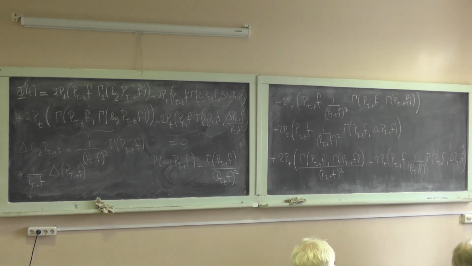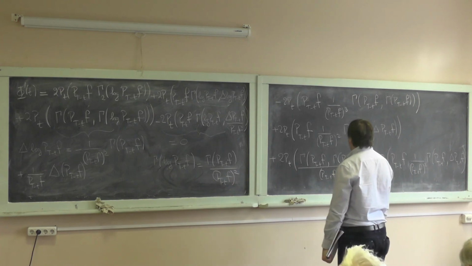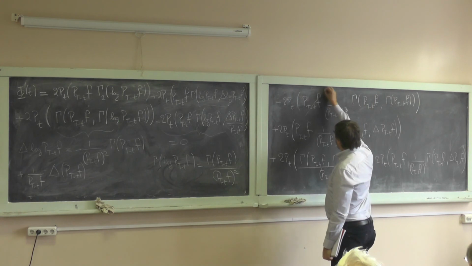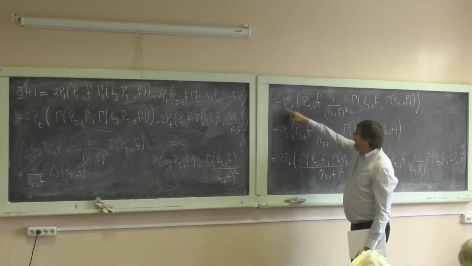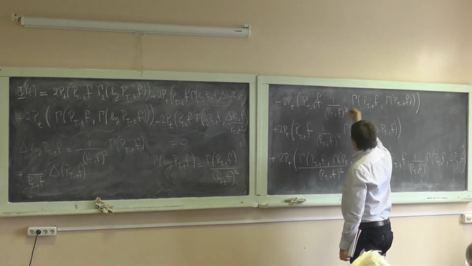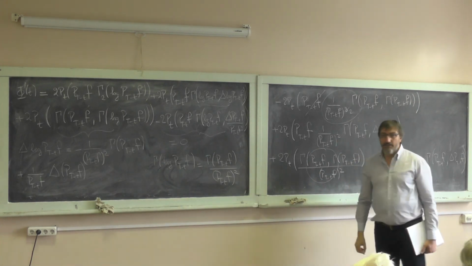And now let's hope that there is a divine justice. So this and this is squared. There is a minus, there is a plus. So this term and this term cancel.